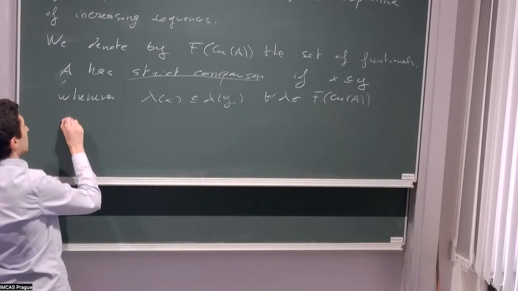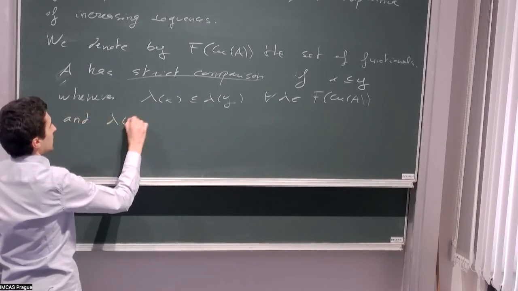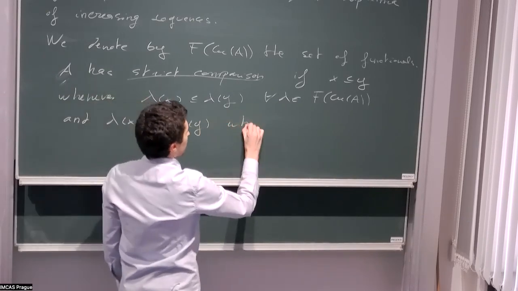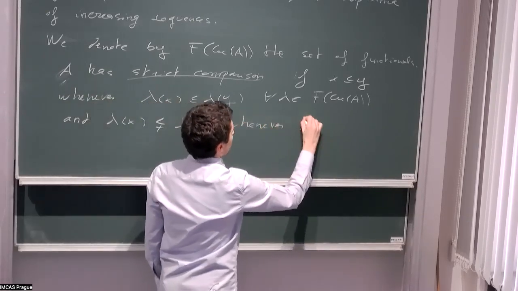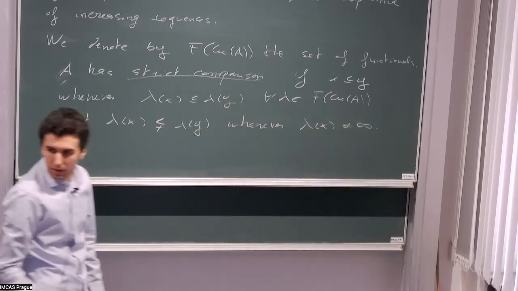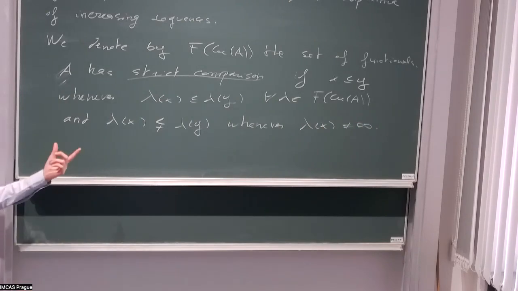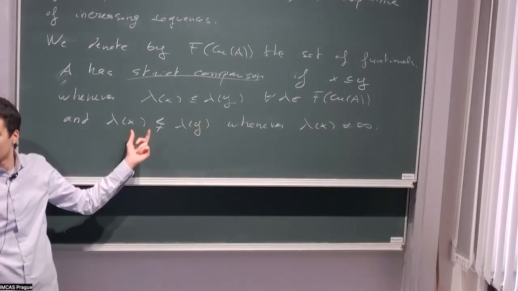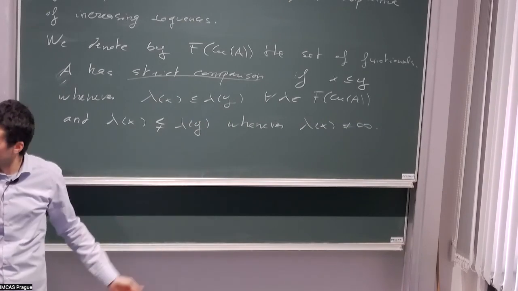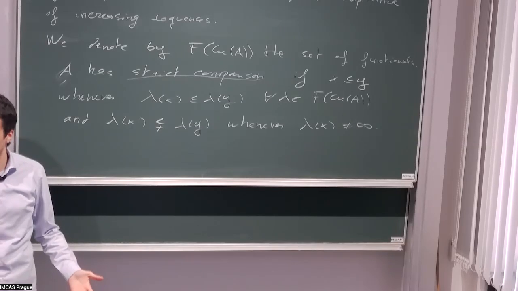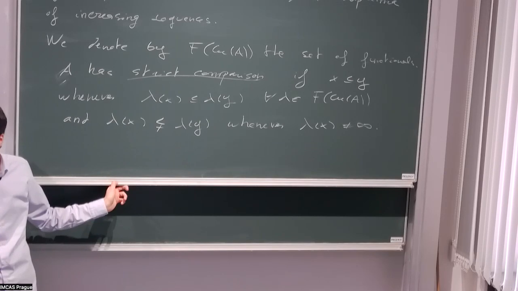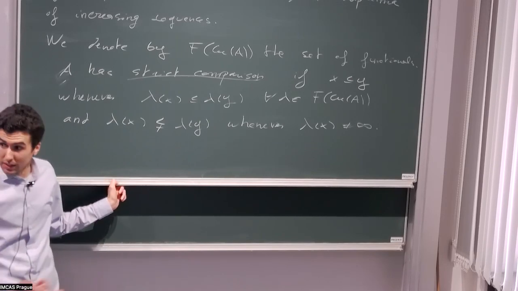So for every lambda, lambda of x is strictly less than lambda of y whenever lambda of x is not infinite. So if lambda of x is infinite, you want lambda of y to be infinite, and if it's finite, you want this to be strict. So again, this is something that happens automatically for vector spaces, but for C*-algebras, this is no longer true. And so this is a property, and that's what we call strict comparison.